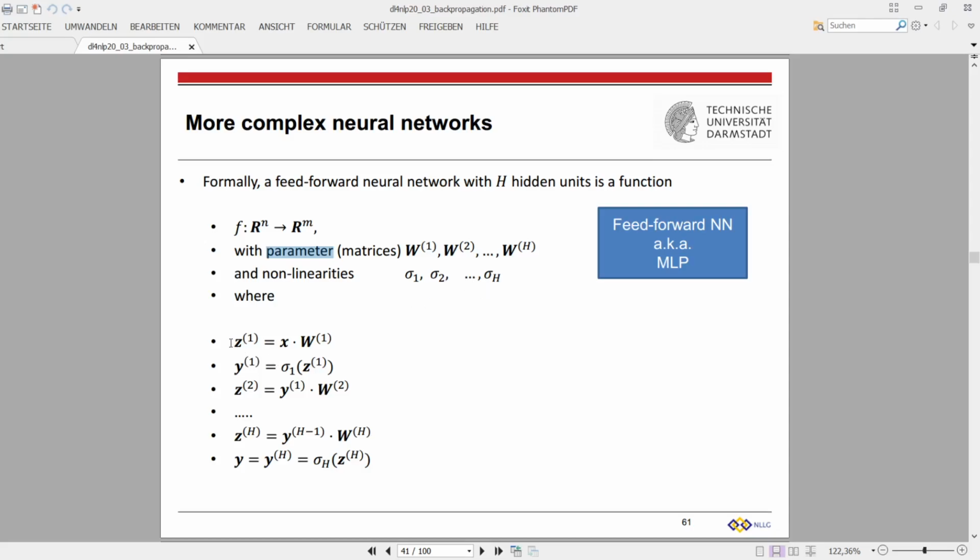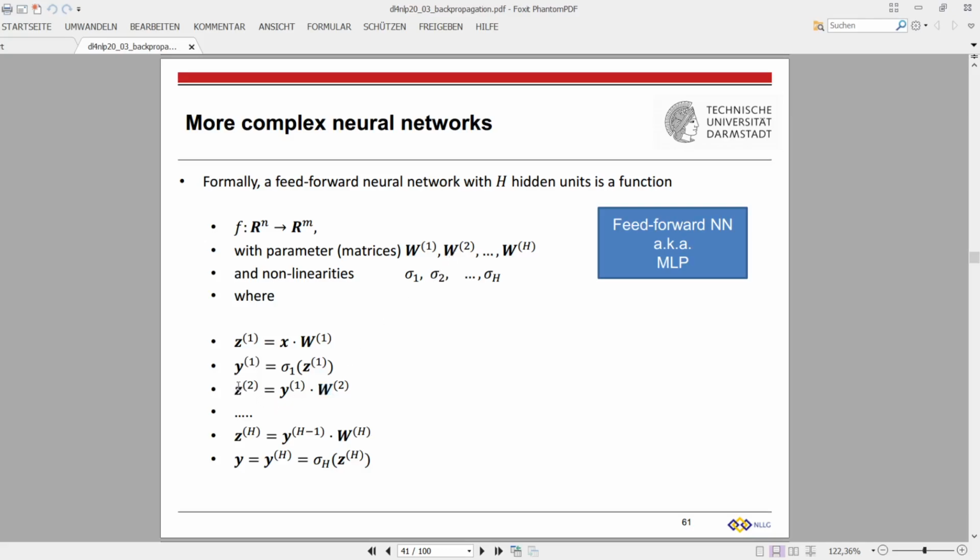And what is being computed is the pre-activation in layer 1, which is given by the input times weight matrix 1. Then we get the activation in layer 1 by applying the nonlinearity. And then the pre-activation in layer 2 is given by taking this activation and multiplying it by W2, the second layer weight matrix.